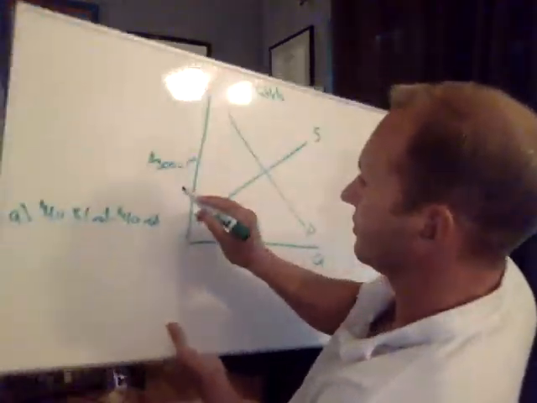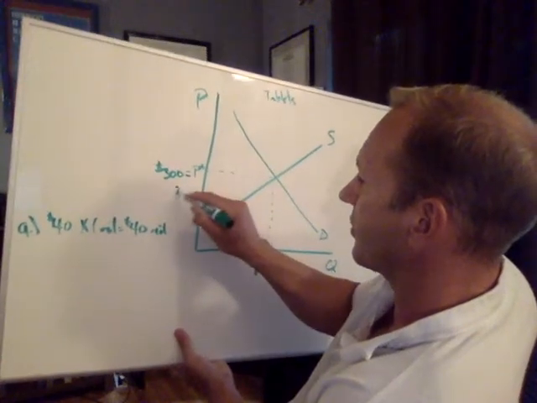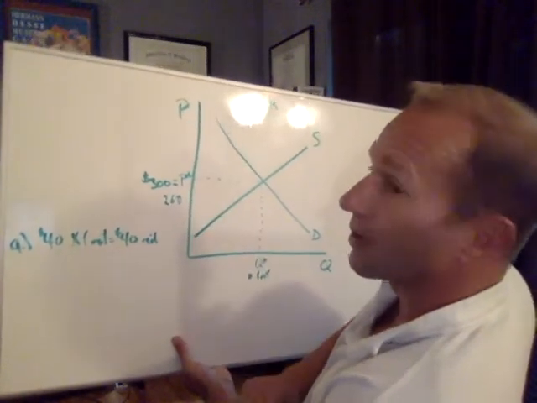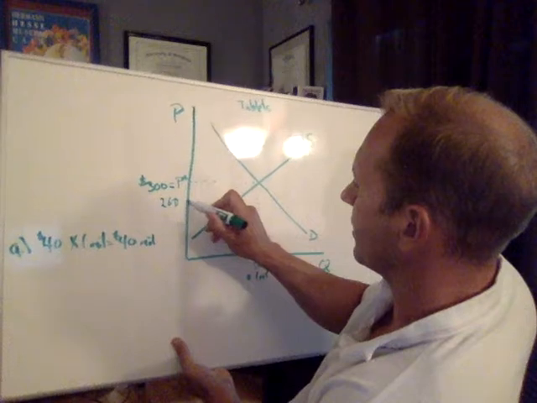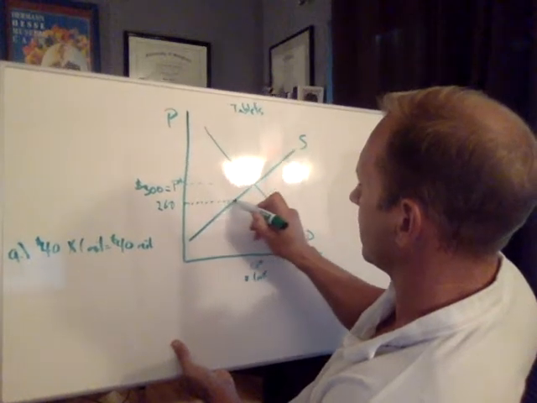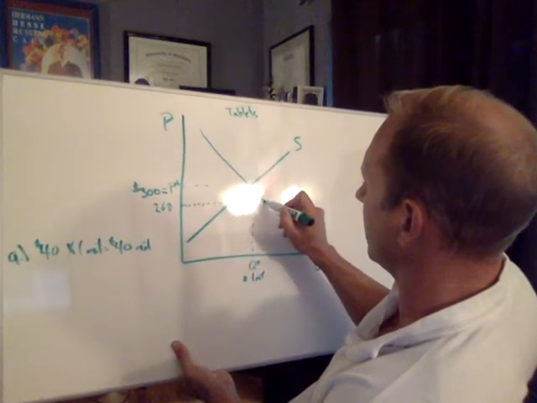So what we're talking about now is, I have written in my notes, yes, because at 260, the quantity demanded rises to Q prime. I came up with that because if this is 300, then 260 is somewhere south of it, right? And look what happens at 260. Quantity demanded is right there.